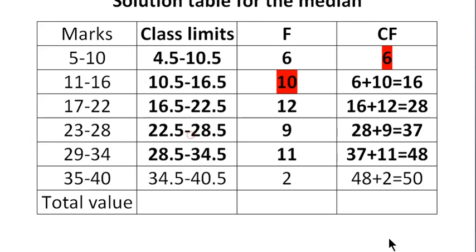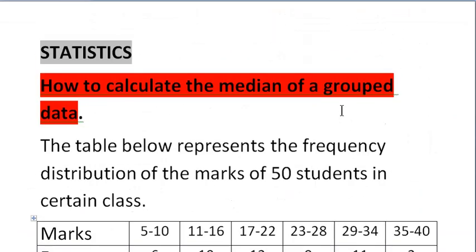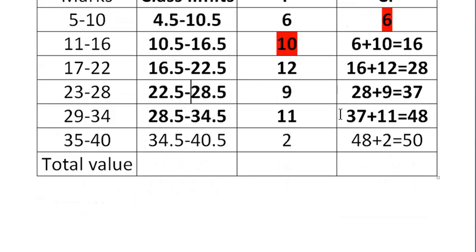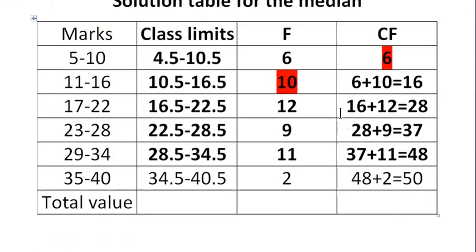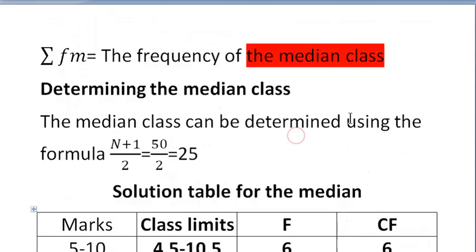Okay, so this is the table we are going to use to solve this question. This is our solution table. Know how we obtain the figures. Now we shall be tracing from this table all these values.